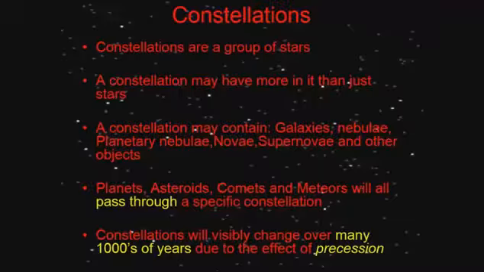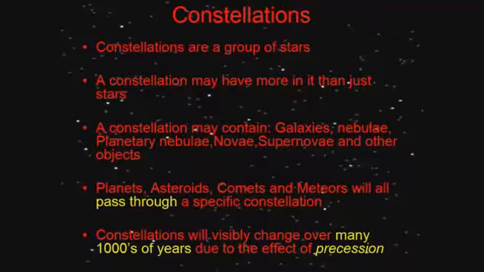Just like the sun moves through the constellations of the zodiac, the planets will rotate about the sun the same as we do, and we will see them move through different constellations rather than being a fixed part of a constellation. So keep in mind that our constellations will visibly change over many thousands of years due to effects like precession.